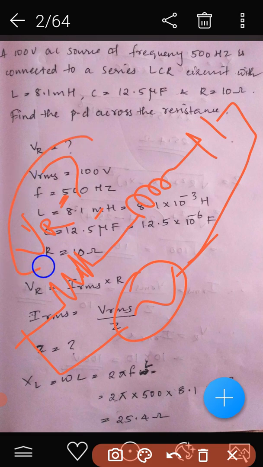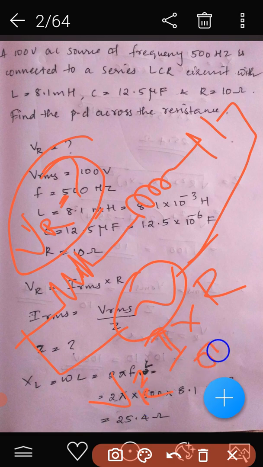In order to find the voltage across this resistance, VR is equal to IRMS, the current flowing through the circuit, into the value of resistance. So we have to find the value of IRMS first.